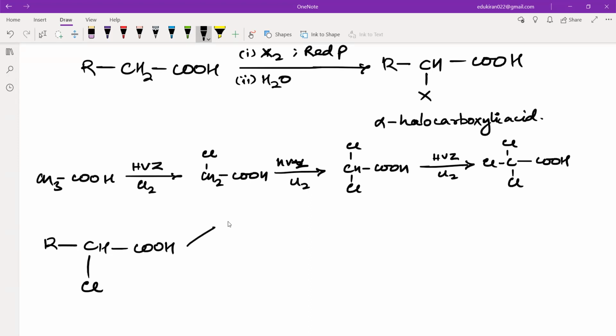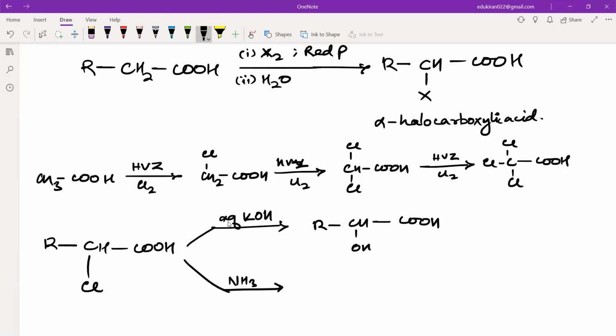So if I react this with aqueous KOH, I'm going to form R CH(OH) COOH, as the chlorine is replaced by OH. Furthermore, if I react this with ammonia, you will get R CH(NH2) COOH. So this is a synthetically very useful reagent.